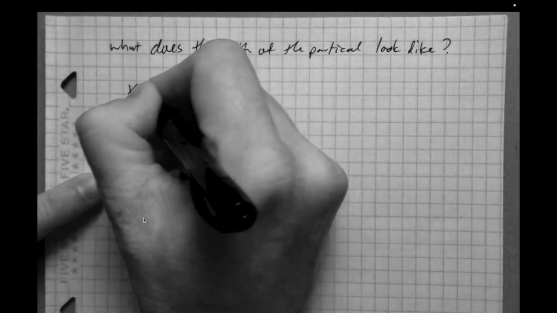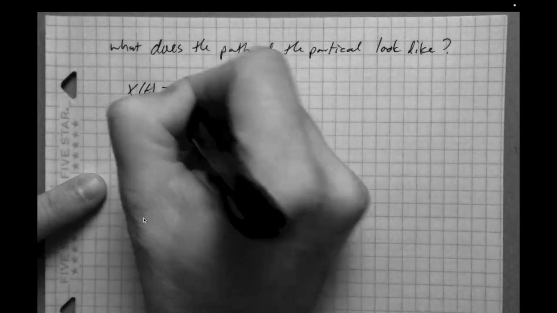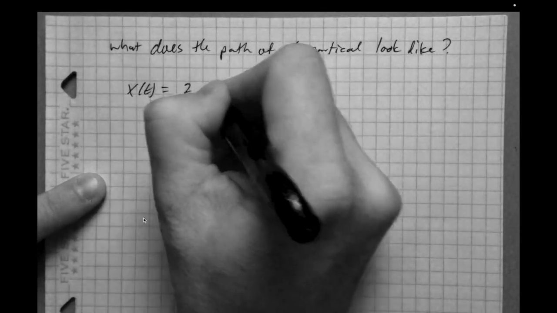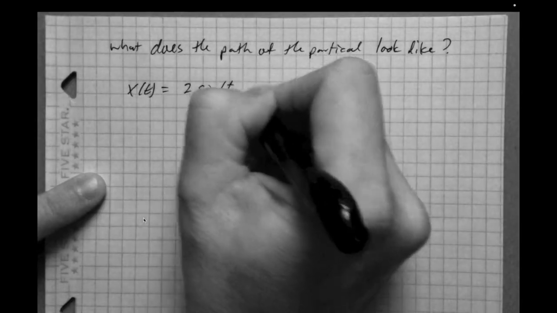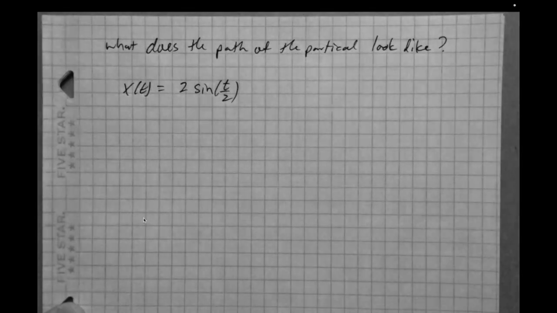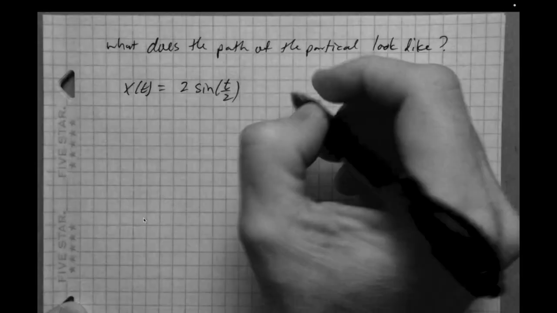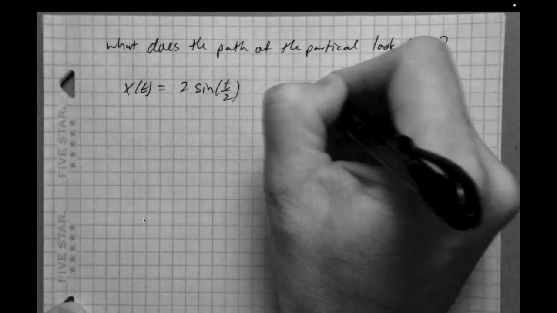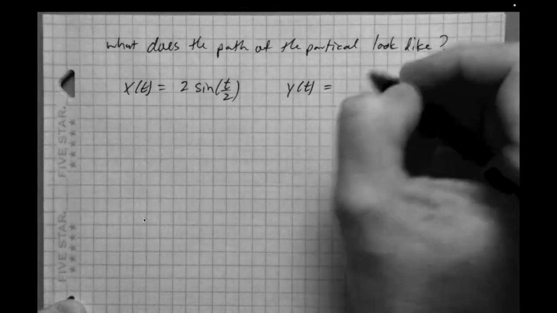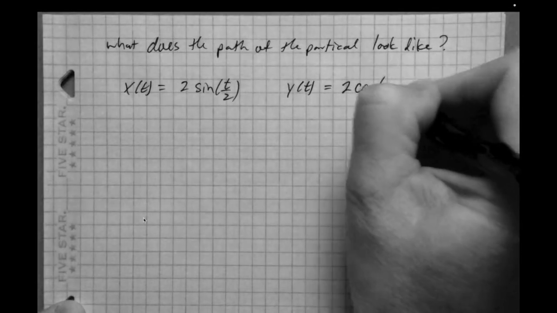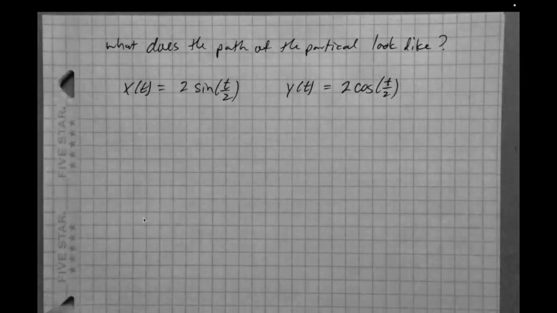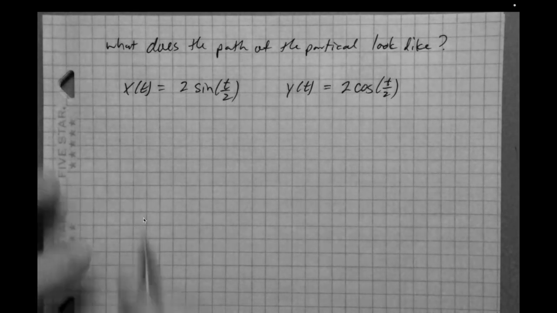So we know that x as a function of t would be 2 sine of t over 2, just pulling that straight off of the position function. And y as a function of t would be 2 cos t over 2, again just pulling that right off of the position vector.